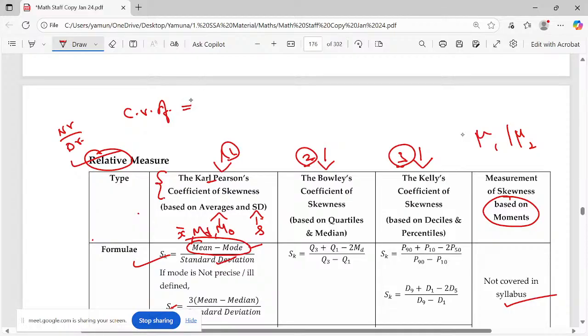Coefficient of variation is sigma by x bar into 100. What's the first measure for comparing? Measure of averages. So I found x bar. What's the second measure for comparing? Dispersion. I found sigma. Then I went for comparing.